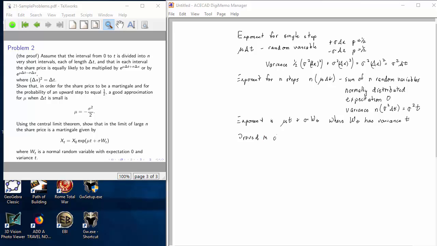What we proved in class 19 was that e to the minus sigma squared over 2 times t plus sigma times w sub t is a martingale. And how convenient, we have mu equal to minus sigma squared over 2.